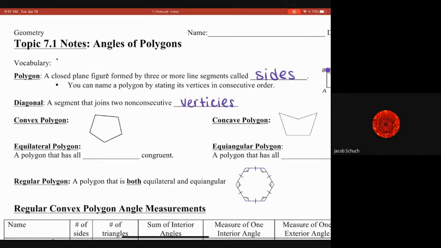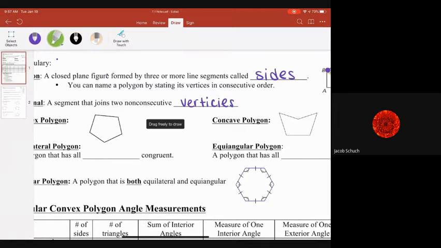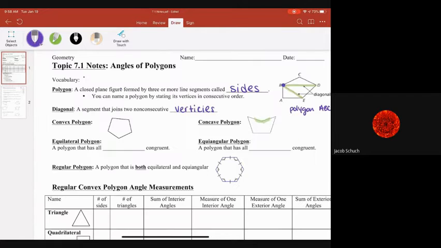If you take a look at this one here, see how this corner caves inward in your shape? That's what makes it concave. We really don't deal with many concave polygons, but it's nice to know what they look like. We normally deal with convex polygons.